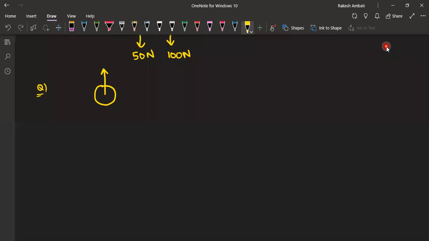Applied force is given 300 newtons. And same thing here, we have another pulley. Okay, same as the above question, simply the values we are changing.